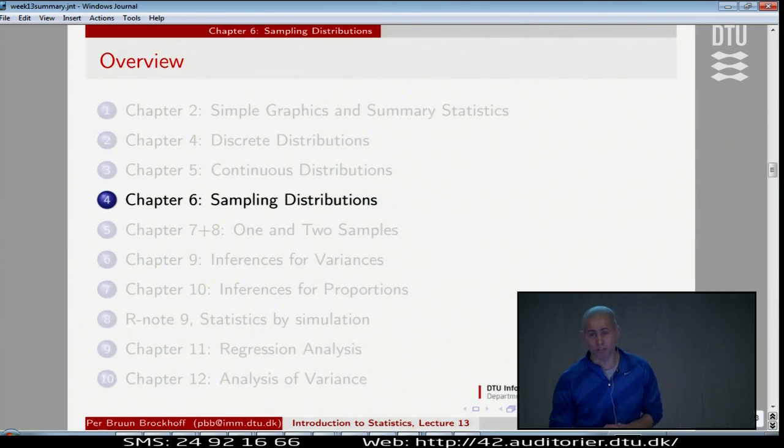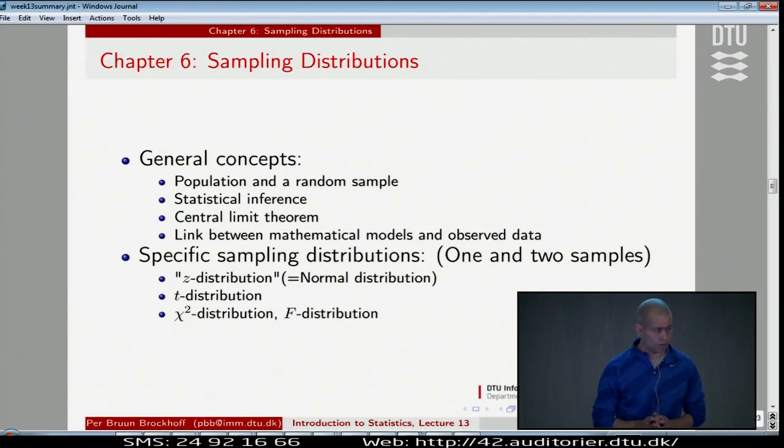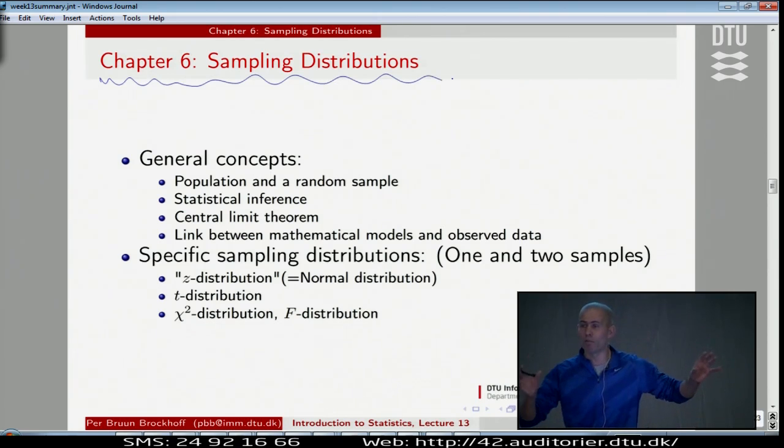Starting out with chapter 6, which we did not give its own lecture, sort of. We used parts of chapter 6 during the next couple of lectures, but here chapter 6 was put forward to its own slide, because chapter 6 is really important. Chapter 6 is sort of the link between data and probability.